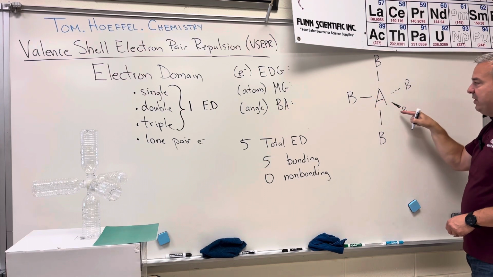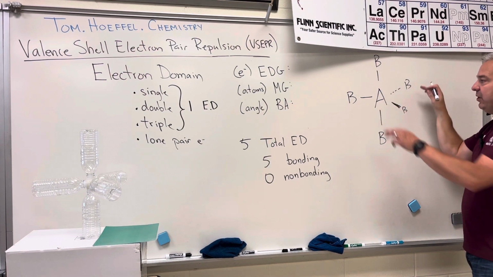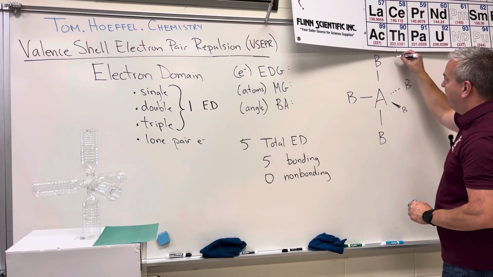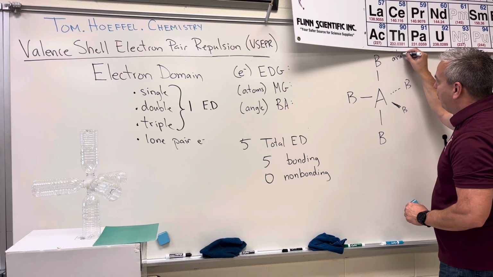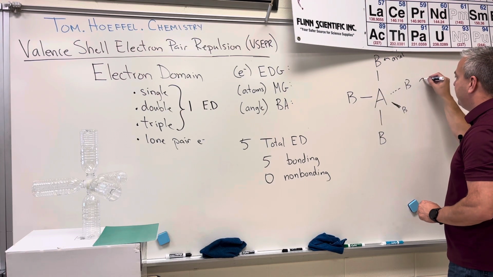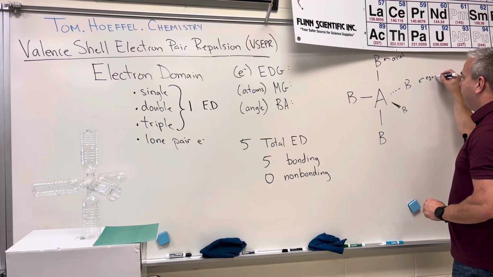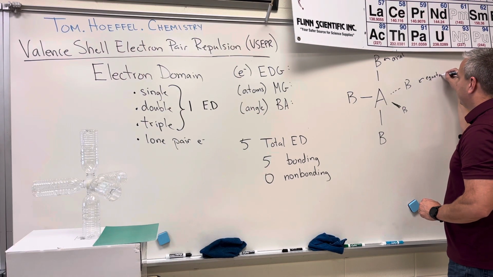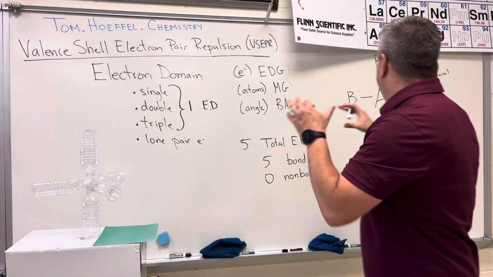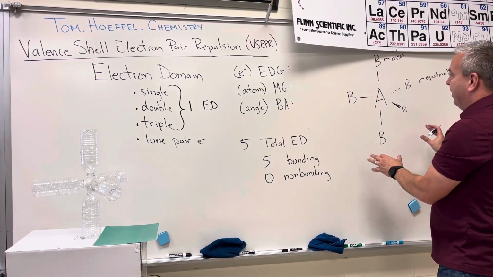I'm trying to show this as kind of a triangle for the equatorial position. So remember, the one on the top and the one on the bottom, those are called axial positions, okay, and these 3 over here are going to be called equatorial positions, okay? So that's really important for us to kind of understand.